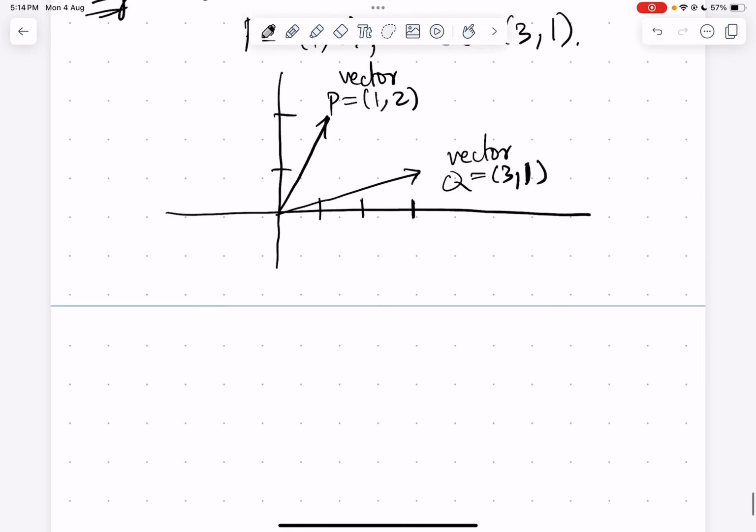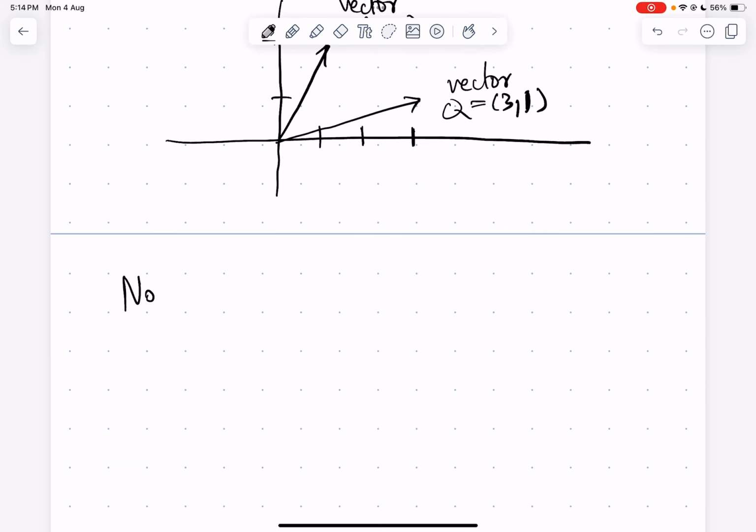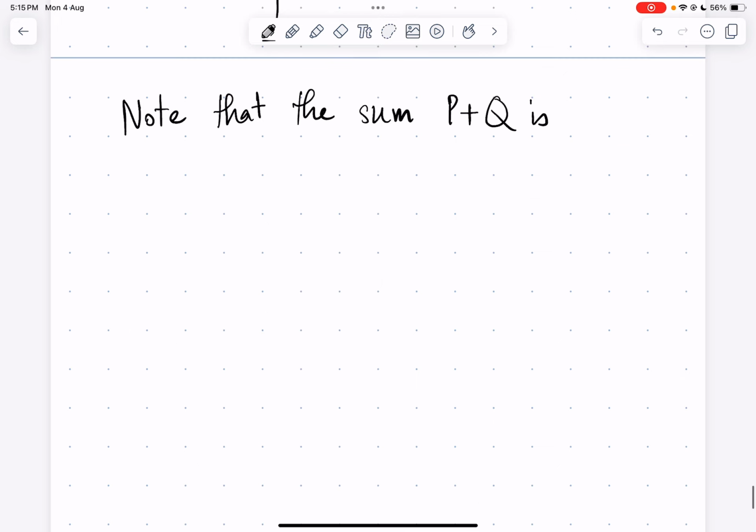So note that for the sum p plus q, we just complete the parallelogram.